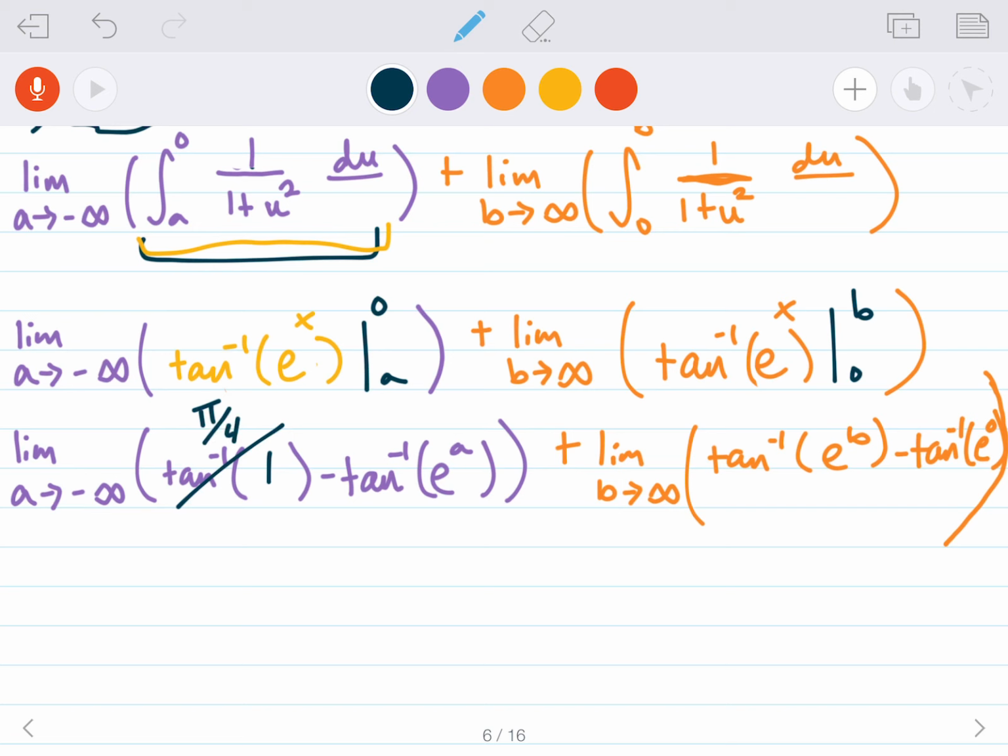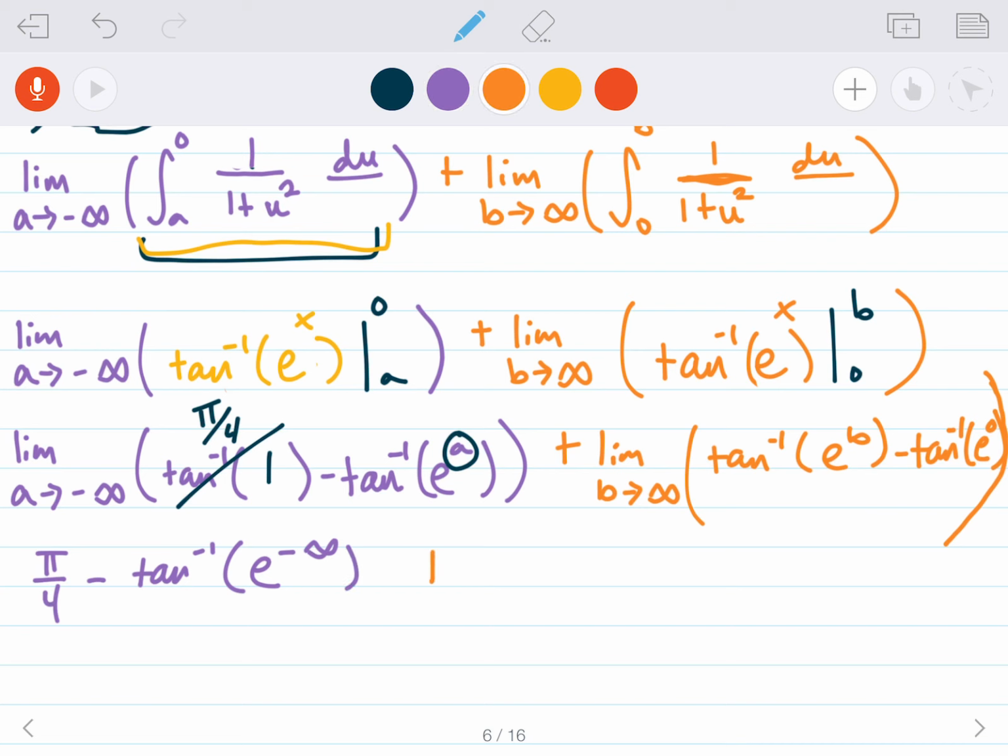All right, so now I'm going to go ahead and replace this guy with negative infinity. And what I end up getting is, for this purple part, I just get pi over 4 minus tan inverse of e to the negative infinity.